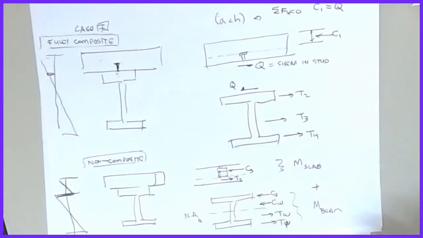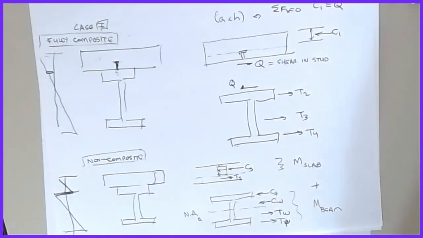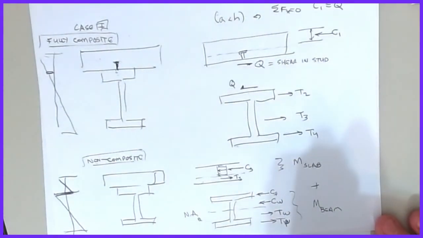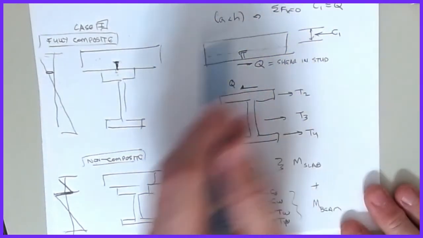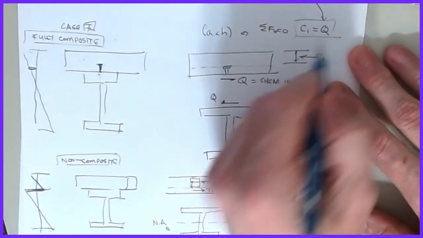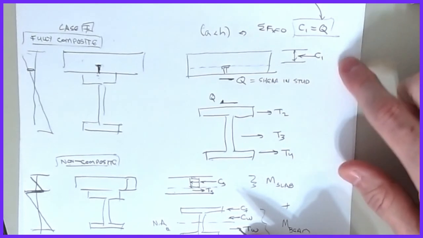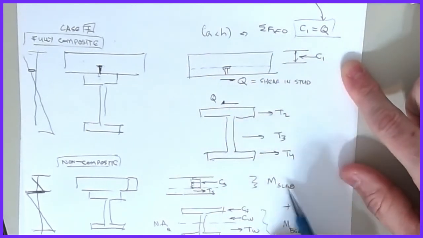Gotcha. Yeah, so that's a bit of a trick, and again, we're not going to worry about that too much in this class, but you'll hear that term shored construction or unshored construction. Otherwise, it's the same mechanics approach. Once you figure out the case that you have, this C1 equals Q case is always true for the shear studs. Once I have the compression force in the slab, I know what Q needs to be, because everything else is happening down below.